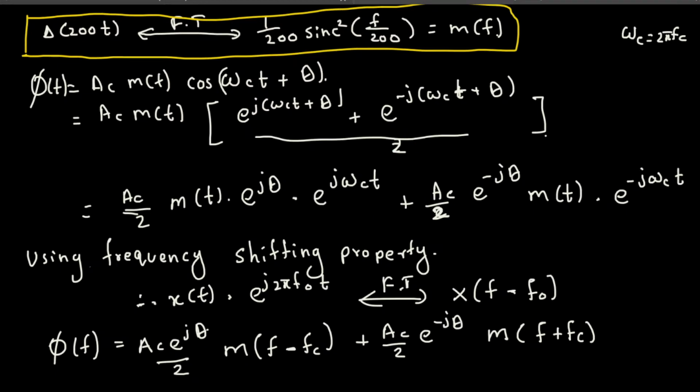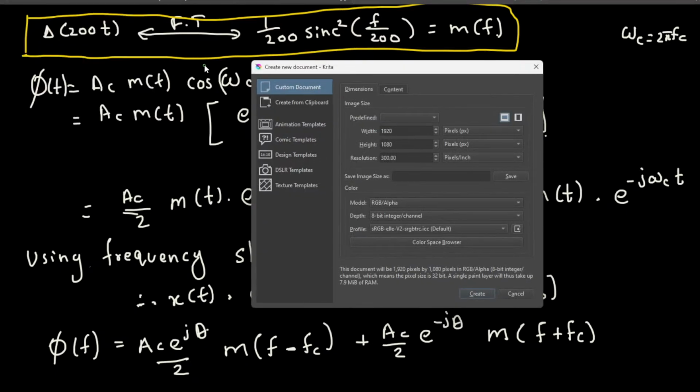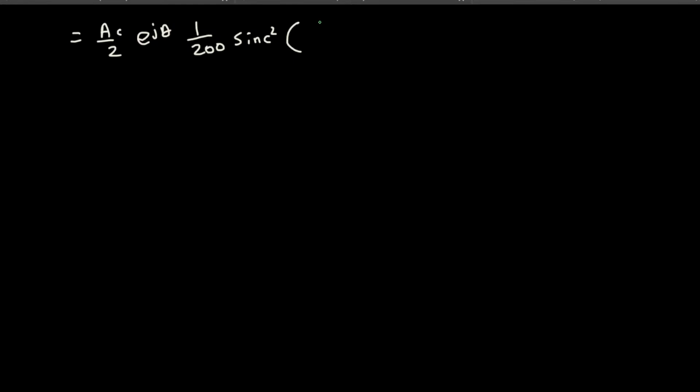Okay, so if we do that, I'm going to create a new page to do that. So if we do that, then this is going to become AC over 2 e power j theta, and I'm applying the m of f function, that's 1 over 200 sinc square, and then the shift f minus fc over 200.